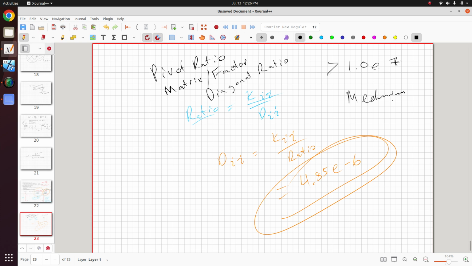So Nastran, during the procedure, when it's trying to find the solution, calculates all of these matrix factor diagonal ratios. If they're very high, you have a mechanism. And when you have a mechanism, the inverse is undefined. Now, comment about this.